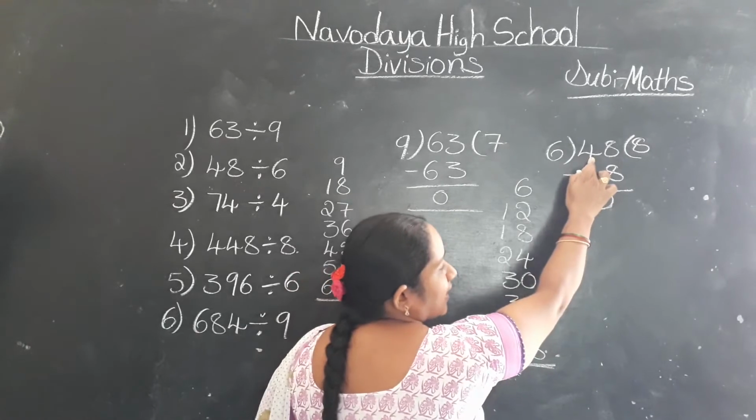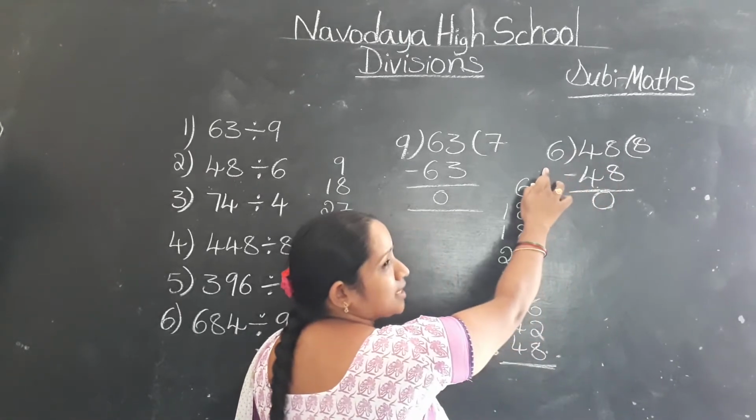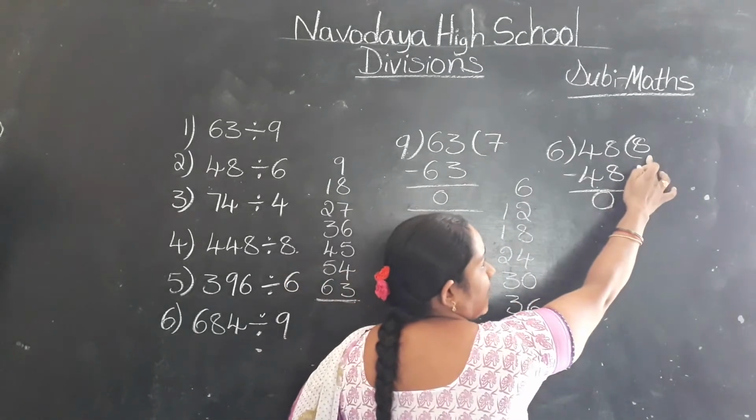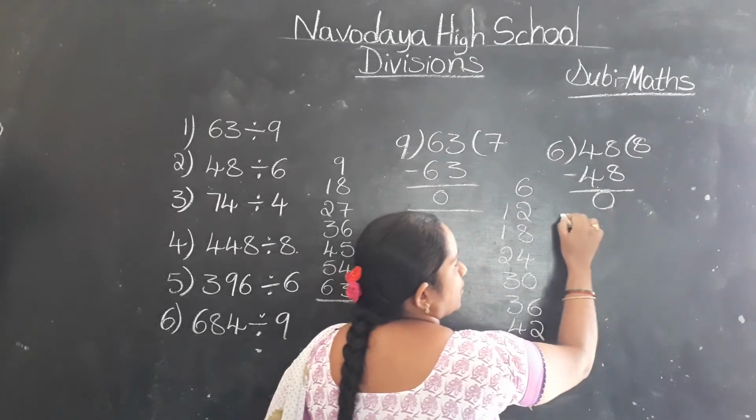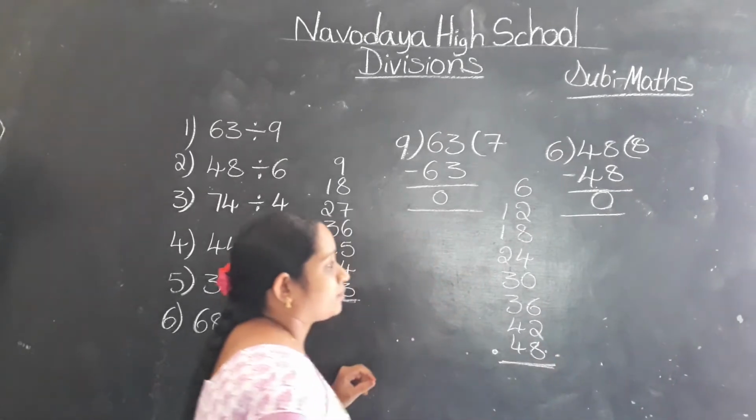So here 48 is dividend, 6 is the divisor, 8 is the quotient, 0 is the remainder.